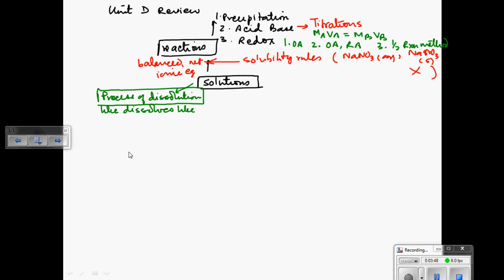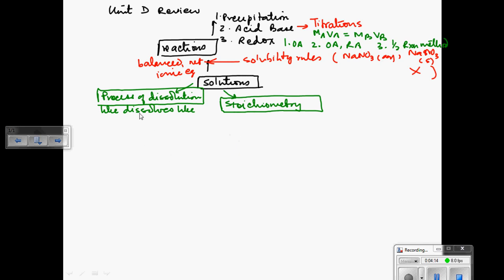If you have a non-polar solvent, then a non-polar solute will dissolve in it. And with the process of dissolution, with solutions also comes stoichiometry. Stoichiometry refers to quantitative analysis based on balanced mole ratios.